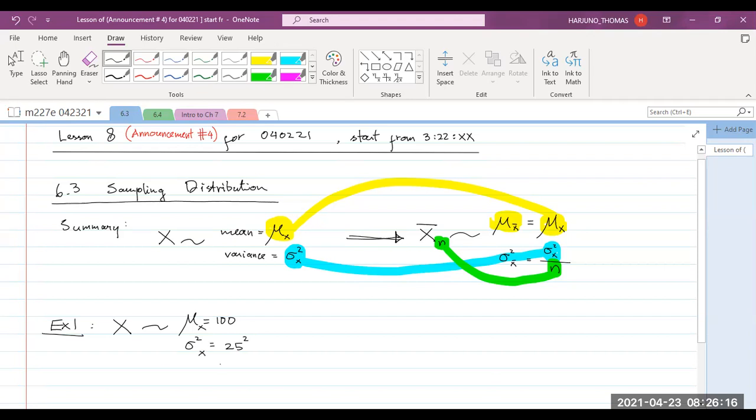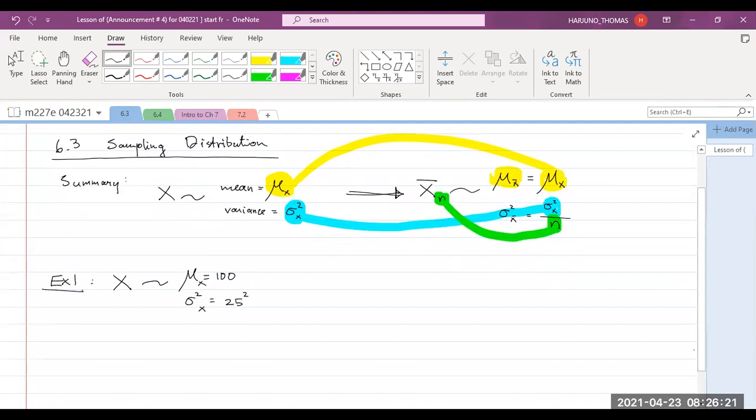Okay, now then, if we do sampling distribution of size, let's say, of size 7 from here, then the mean will still be 100. The same as the mean of the original distribution.